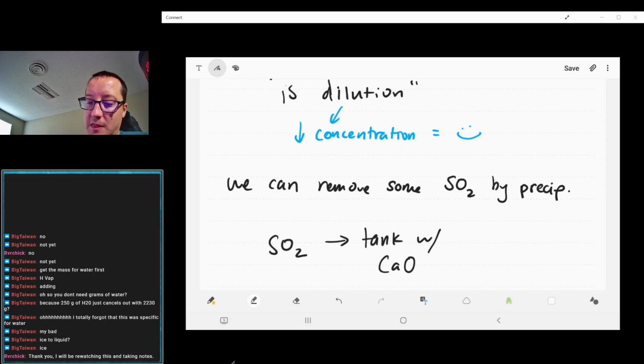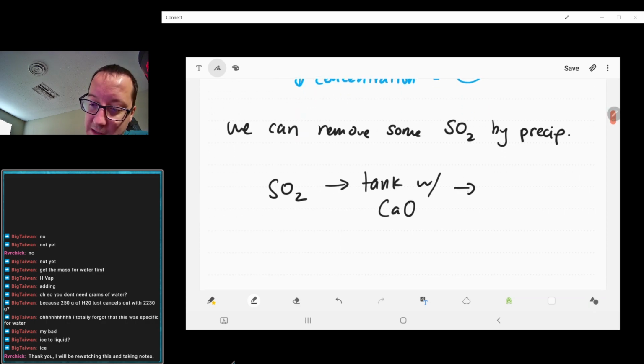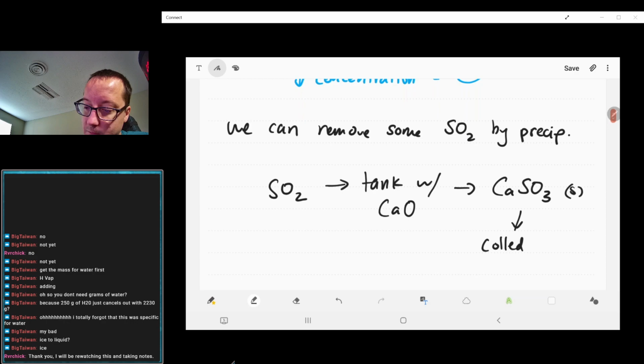What happens is these two are allowed to react to form calcium sulfite, which would precipitate out of solution. As a result, this can be collected. Wow, I can't spell already. Collected as a solid. And effectively, this will remove some of the SO2 from getting in the atmosphere.